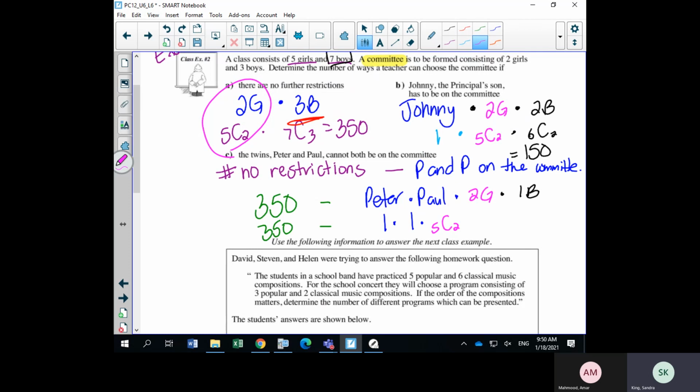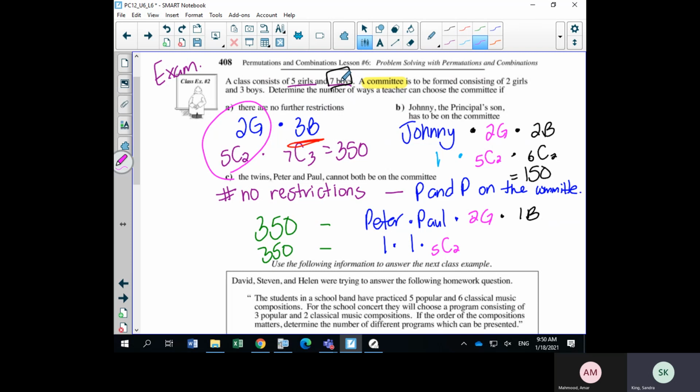Now we have to figure out the boy, and the boy is a little bit of work because I had 7 boys to choose from, but I've already placed Peter and Paul. So how many boys do I have left to choose from? How many are left in my pool if Peter and Paul are already on the team, from 7?